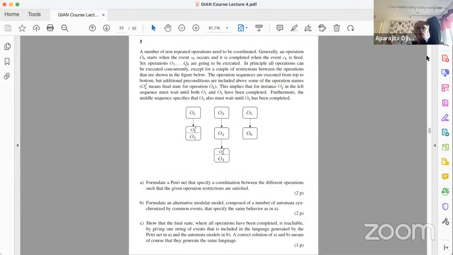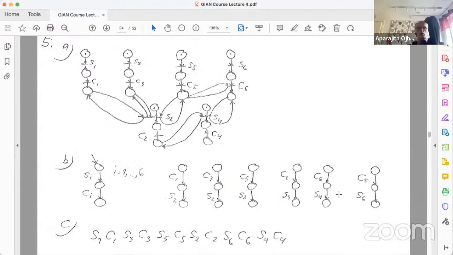It would have been nice here to see them all together, but okay, we focus specifically on O2, and then O3, O1, and O5 need to be completed to start O2.